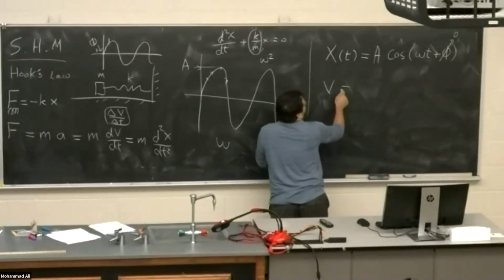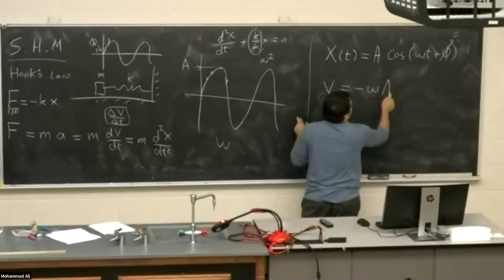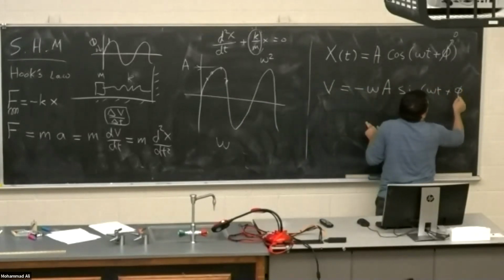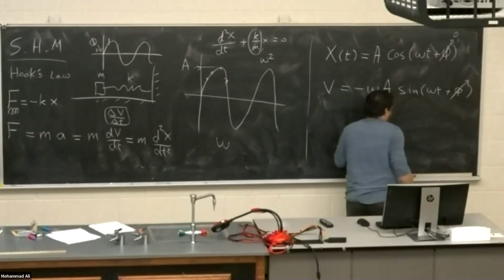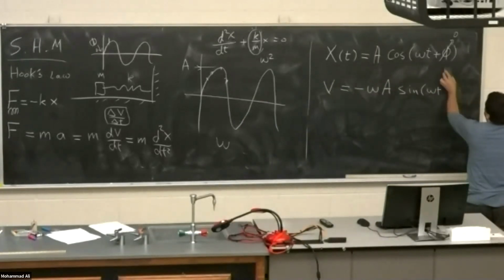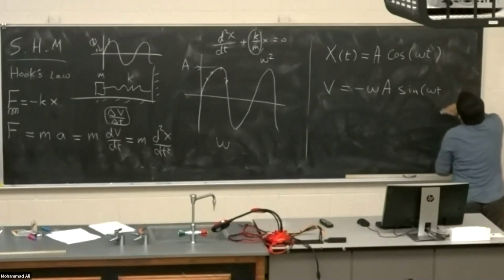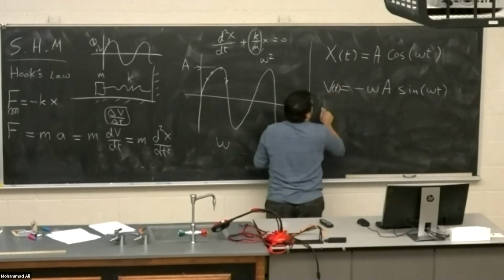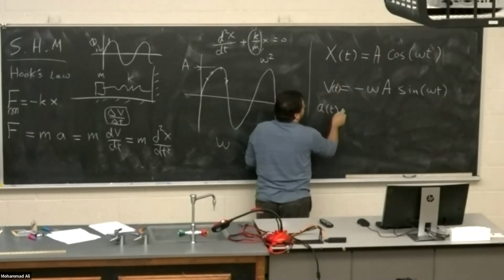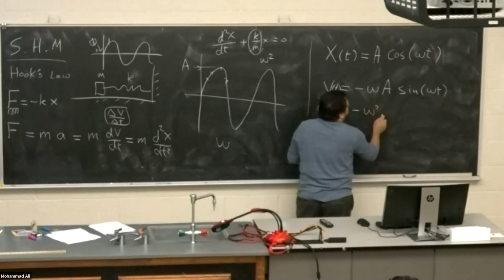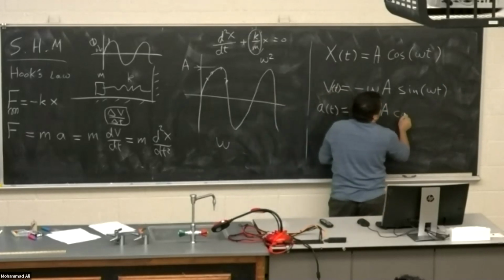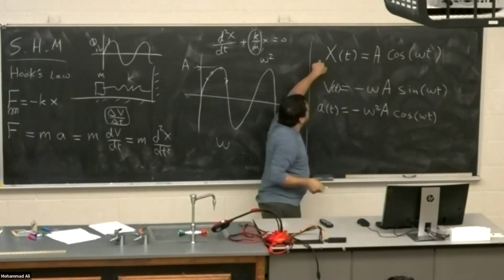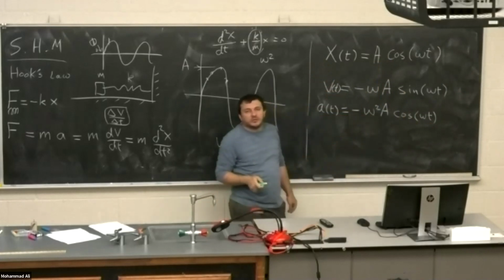The velocity is equal to negative omega A sine omega t plus phi. Again, phi is 0. I will not put it again, just to make you feel comfortable. This is the velocity as a function of time. What about the acceleration? It is negative omega squared A cosine omega t. It is the same as the position, but with negative omega squared.